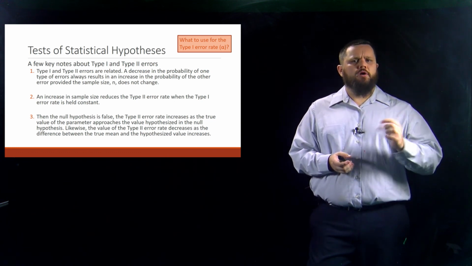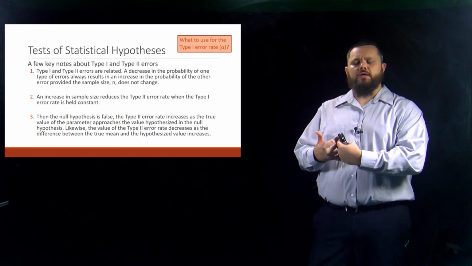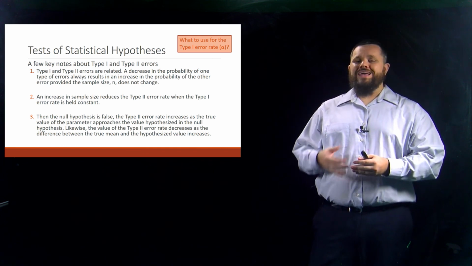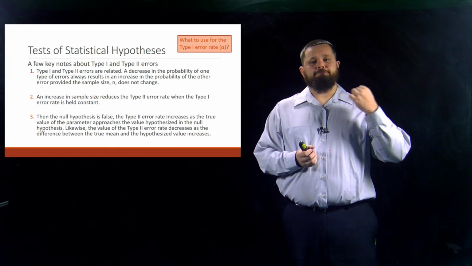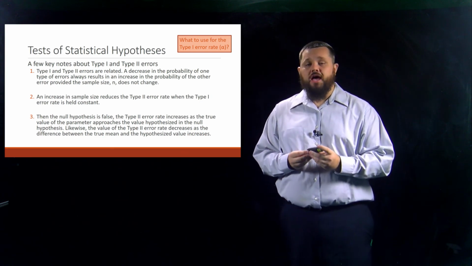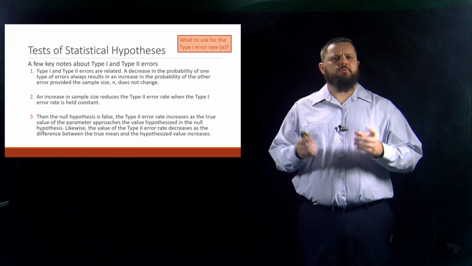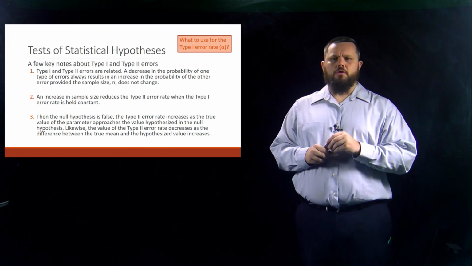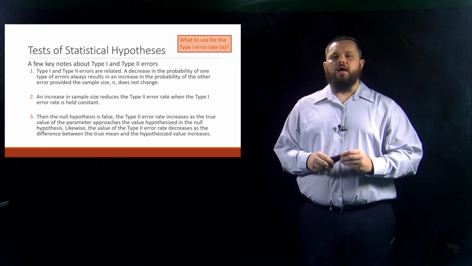For more practical purposes, if you're actually dealing with a scenario where you're doing something out in the field, doing something in a particular industry, different industries have different standards for their value of alpha, their type 1 error rate. Some will use 5%, 10%. Those are typically more your social sciences. The more quote-unquote hard sciences will usually use a smaller alpha value.